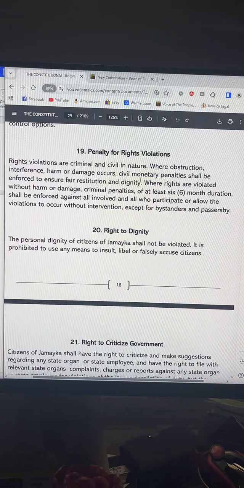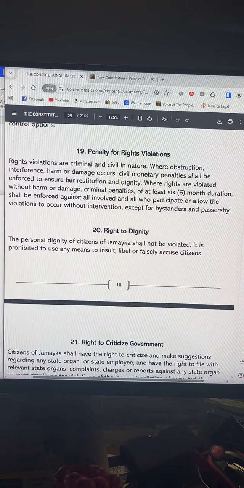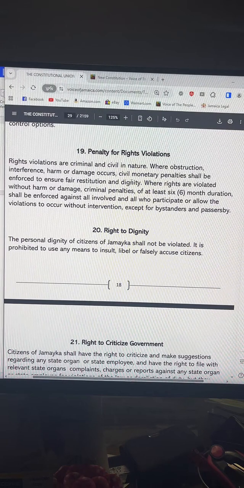And once it is shown that there was no lawful authority for doing something and your rights were violated, then criminal penalties ensue where there is some kind of harm or damage, right? And you also have to be monetarily compensated for the shame to your dignity, where someone exercises some kind of state authority against you without lawful cause.